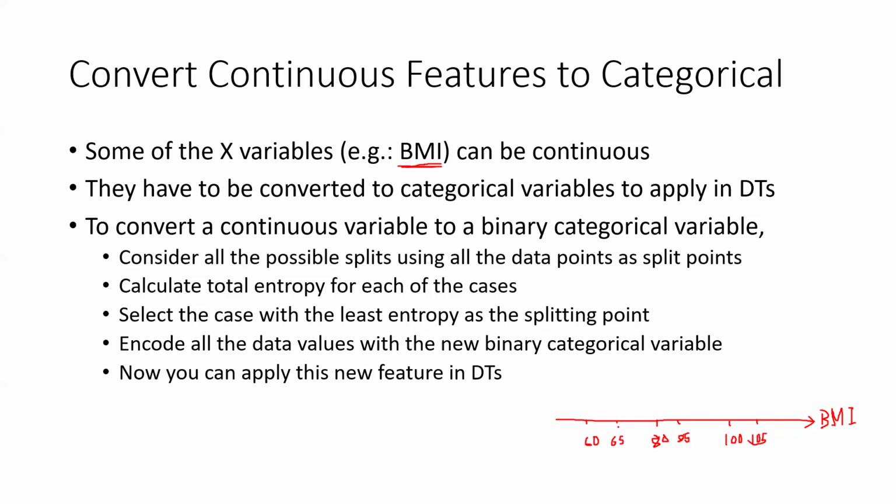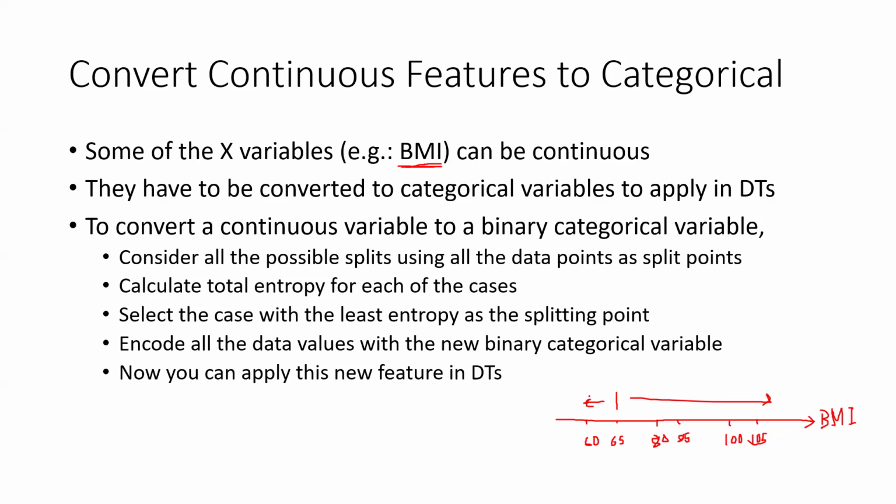So we take this one and we find that there's only one value before this one and there are several values after this point, and using the y variable, we find how much entropy or Gini index there is when you are classifying this BMI by 65, right?